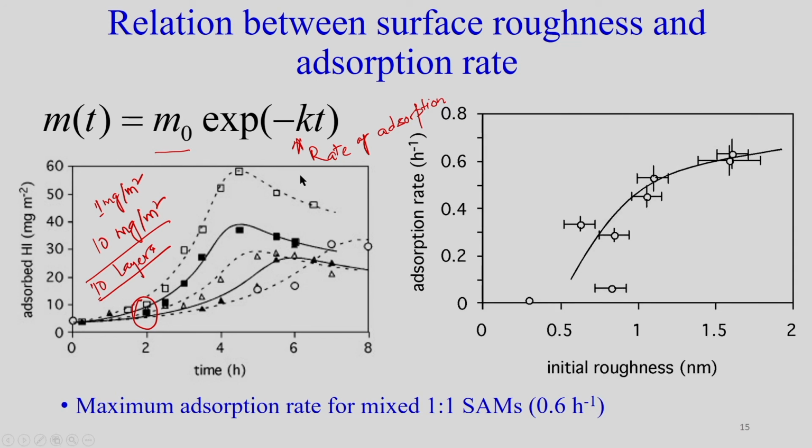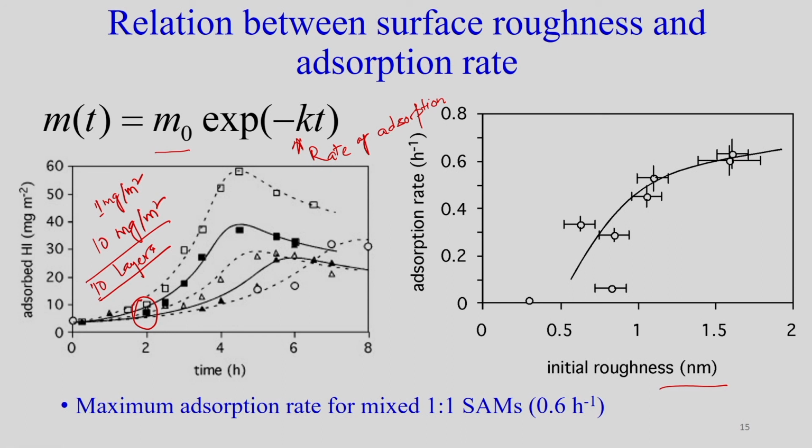So, now we can try to relate that adsorption rate with the surface roughness. As we just saw in the last slide, with an increase in the surface roughness, there was an increase in the adsorbed amount of the protein, and that is because with an increase in the surface roughness, there is an increase in the adsorption rate.